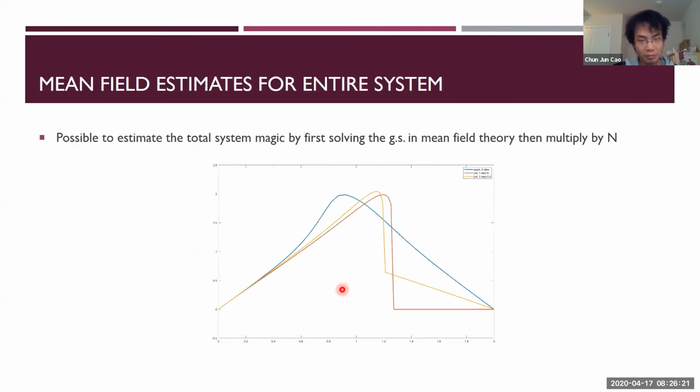You can also reproduce these sorts of behaviors using mean field theory. Because computing mana exactly with the exact ground state is costly, but you can do a mean field calculation, and it gives you the general trend again.